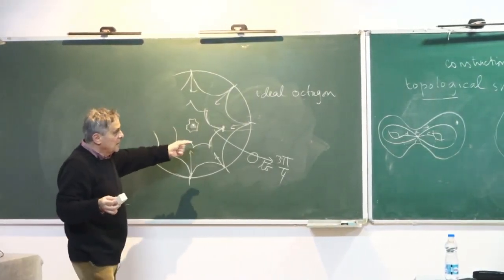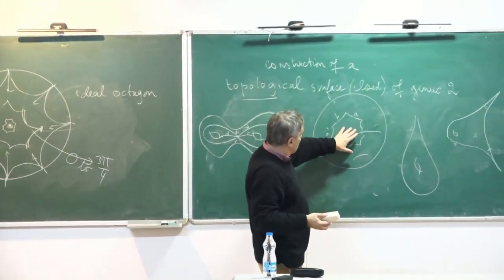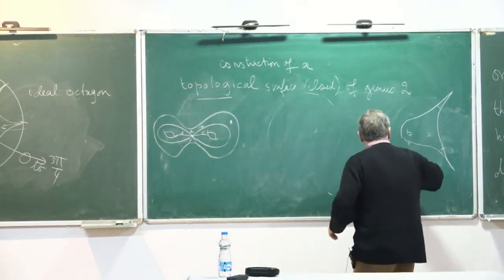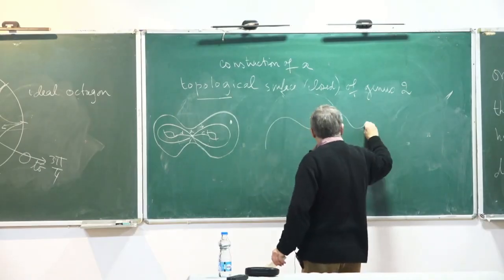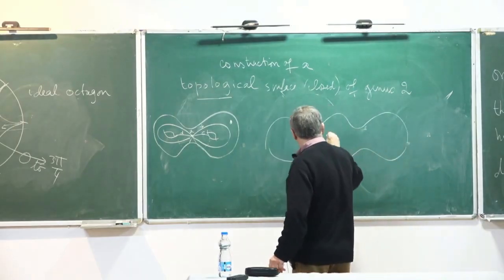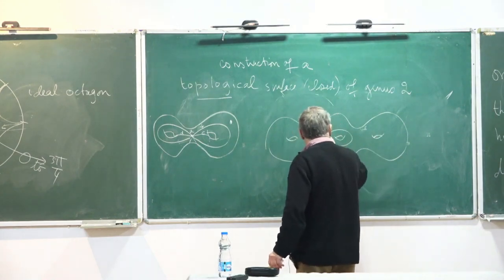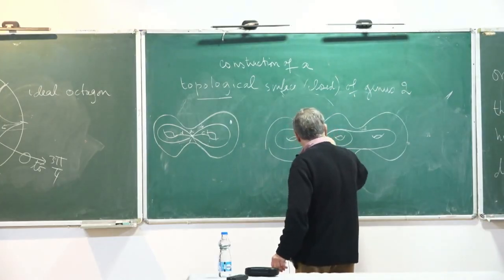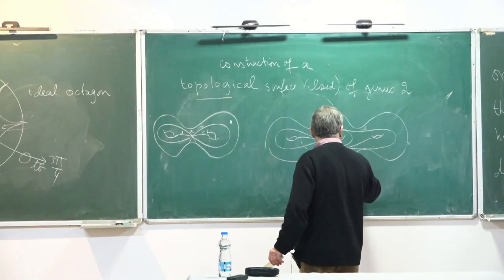For genus 3, of course, you must take not only octagons, but you see, you can do the same construction. 1, 2, 3, now 1, 2, 3, and then 1, 2, 3, and so on.